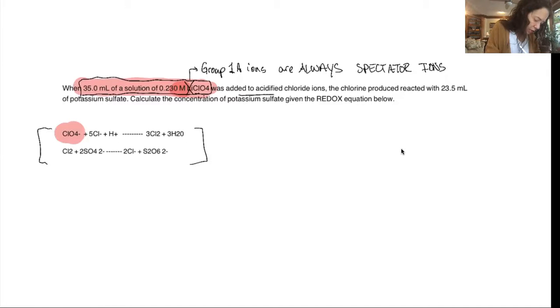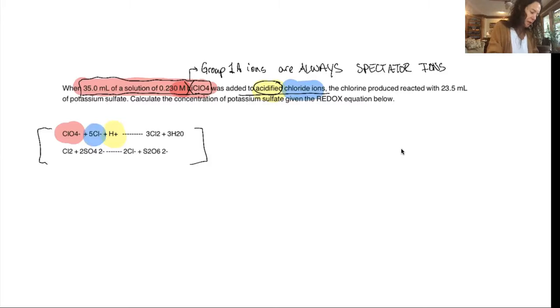Was added to acidified chloride ions. Acidified is this. Let me give you color. Acidified is this. Okay. It's just wording, trying to confuse you, trying to trip you up. Chloride ions would be the chloride ions right there.